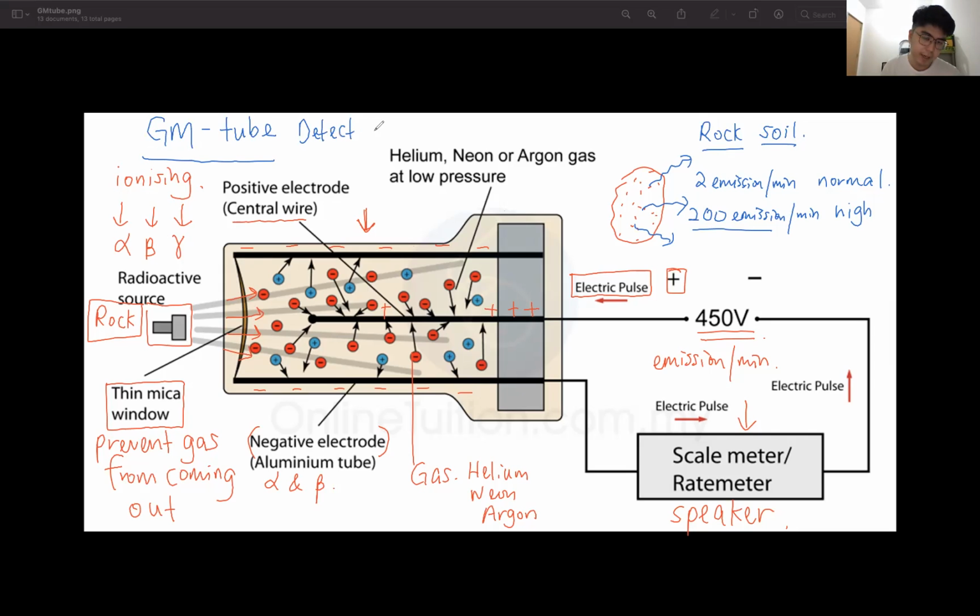You only use it to detect the presence of radioactive substances. If no emission, there will be no sound created because the circuit is disconnected. So 1 emission, 1 pulse.